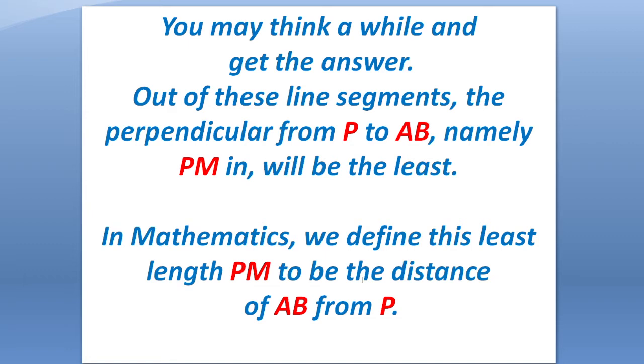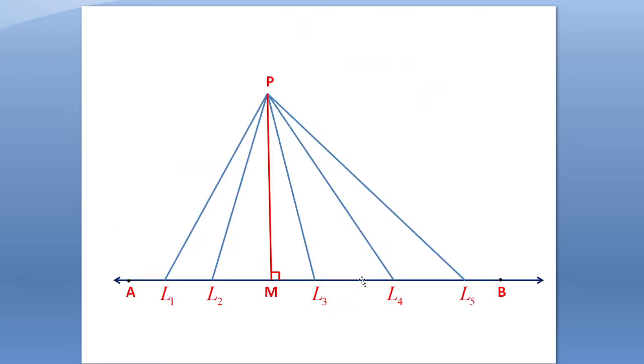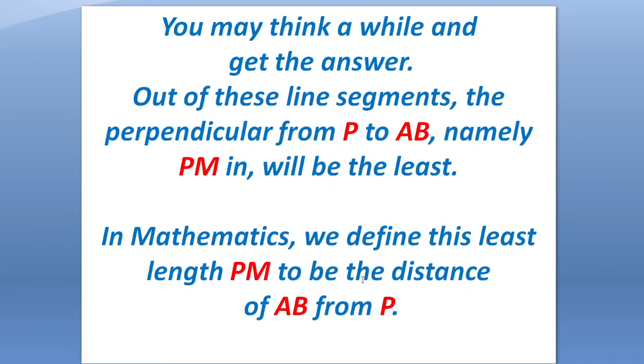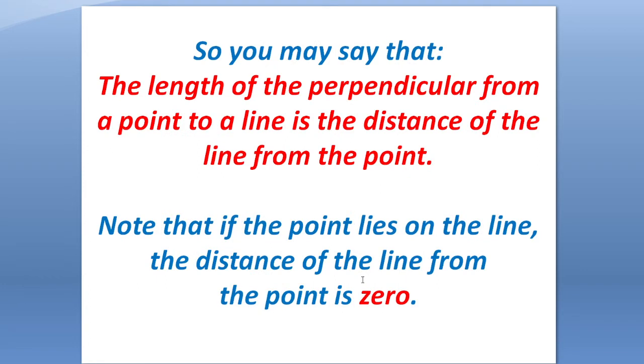In mathematics, we define this least length PM to be the distance of AB from P. That means the distance of AB from P is the perpendicular line from the given point. So you may say that the length of the perpendicular from a point to a line is the distance of the line from the point.